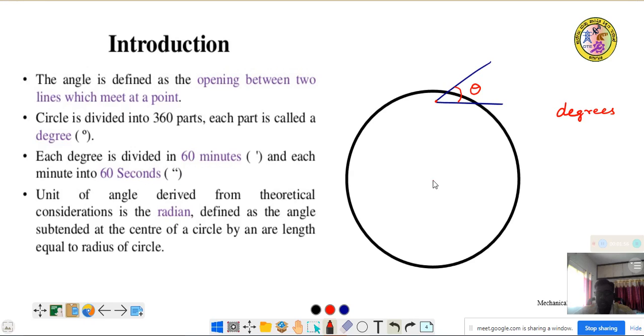This circle is going to be divided into a number of parts, 360 parts.